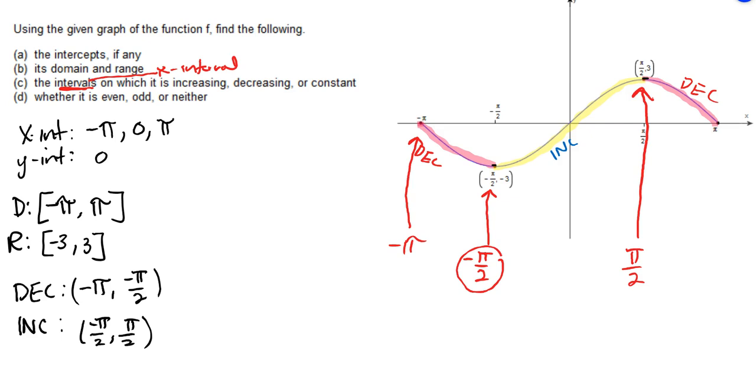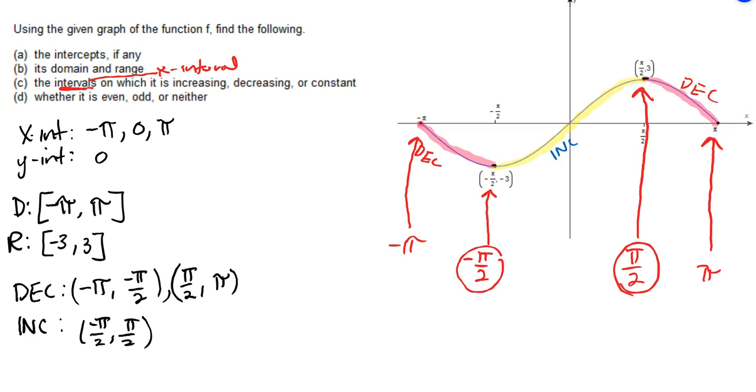And this final interval started at pi over 2 and ends at pi, and we said that interval is decreasing. So I'm going to add that on to this section here, pi over 2 to pi, and that interval is decreasing.